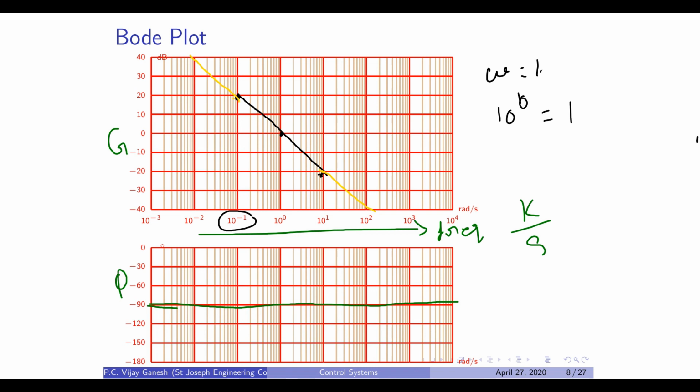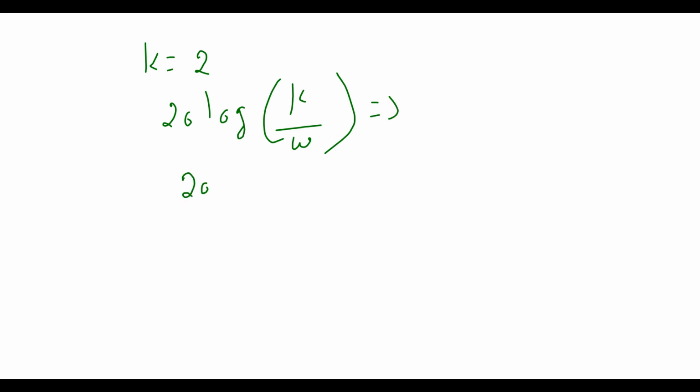Now the question comes, what happens if the k value changes? For example, let's assume the k value is equal to 2. How can I easily calculate this value? The expression says the gain value is 20 log of k by omega, right?